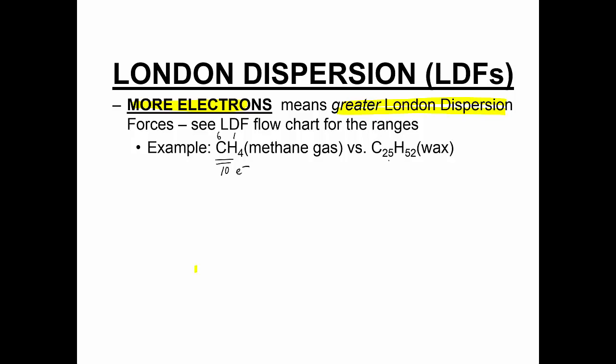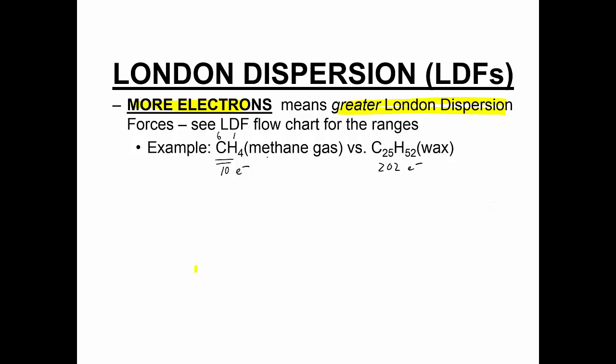On this next molecule, we have C25 and H52. So this molecule would have 25 times 6 plus 52. So this molecule would have over 200 electrons.